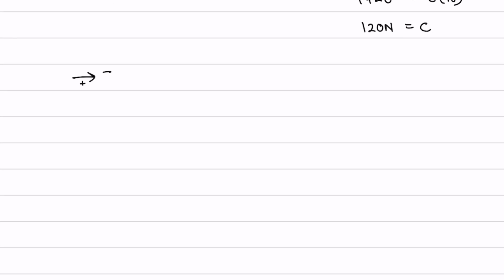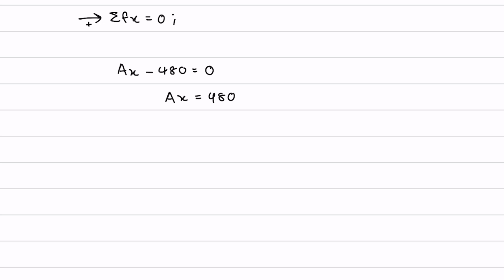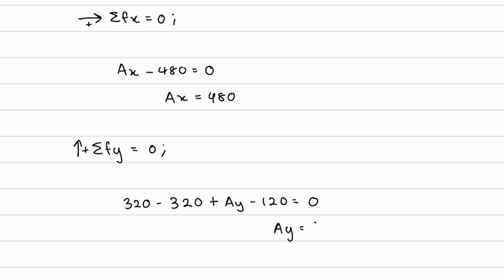For horizontal forces, sum of Fx, we assume to the right is positive. We have Ax minus 480 equivalent to 0. So Ax equivalent to 480. For the vertical forces, we assume up is positive. So sum of Fy equivalent to 0: 320 minus 320 plus Ay minus 120 is equivalent to 0. We get Ay is equivalent to 120.